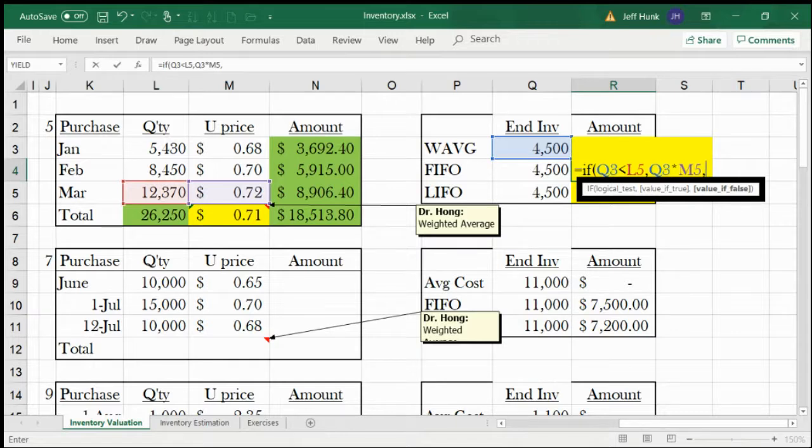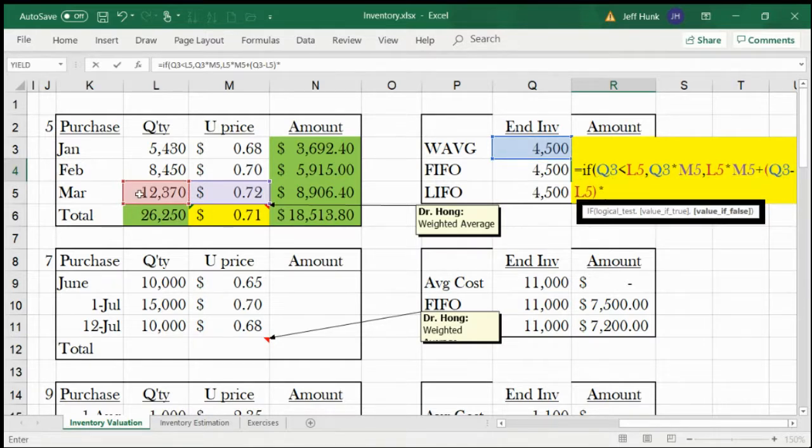If that's not the case, I mean, if otherwise, then you will need to multiply this by March price, and add the difference between the two, multiply that by February price, right? Makes sense? Then think about it.